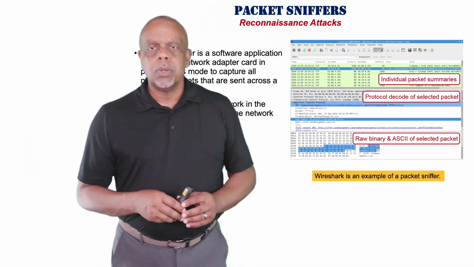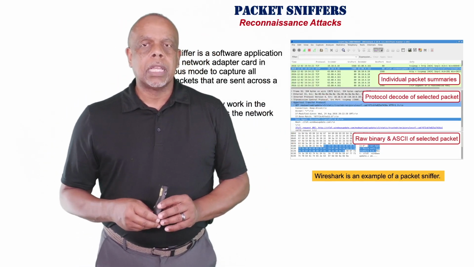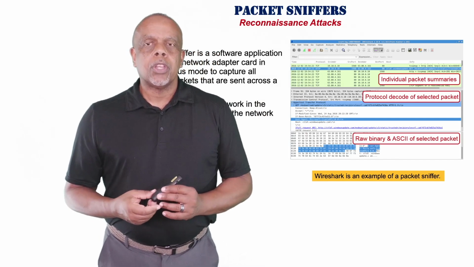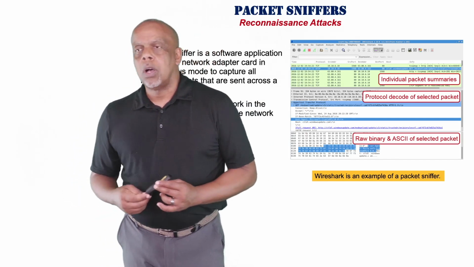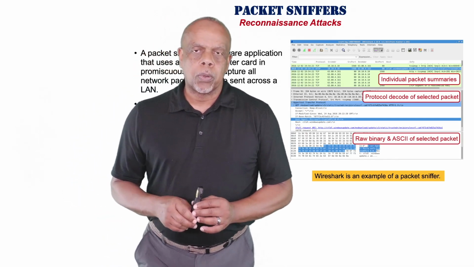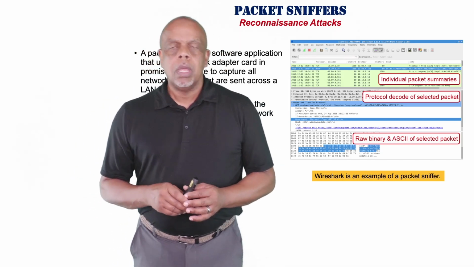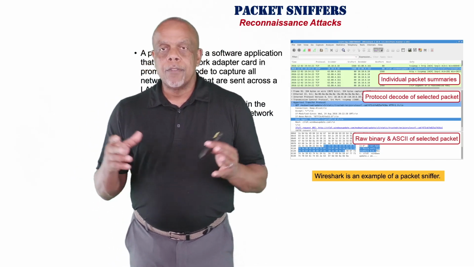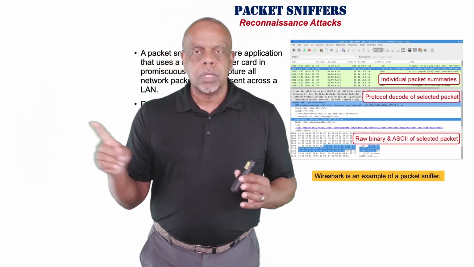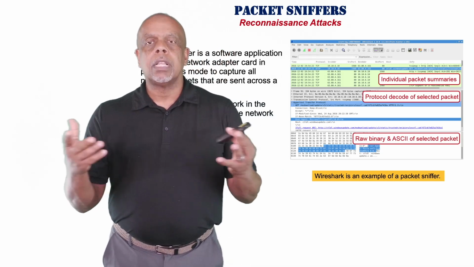So now let's say someone is sending passwords in the clear, they're not encrypted. They're using some older protocols like file transfer protocol, FTP, instead of secure file transfer protocol. When you're using FTP, everything that you send back and forth is unencrypted. It's in the clear.